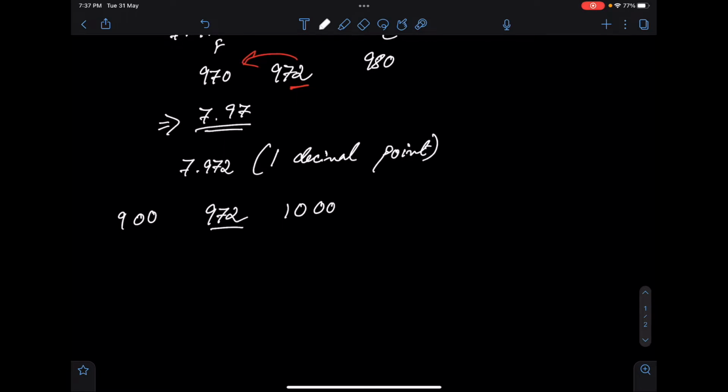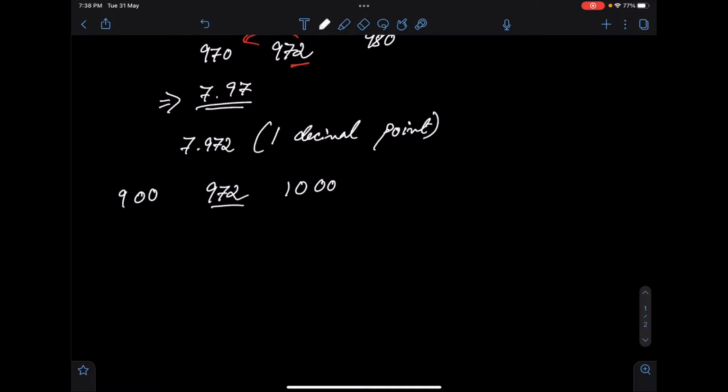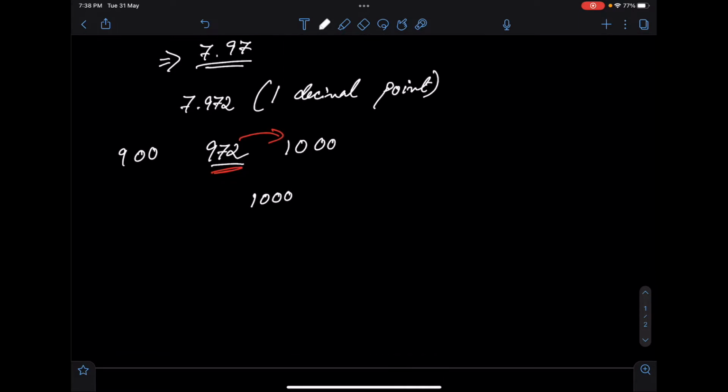Let me just go through the rules again. It's 72 here, so it will be sealed up to 1000, but I will be showing you guys both the scenarios. If I write 7.1000, is it correct?